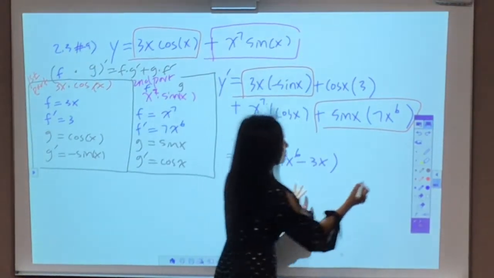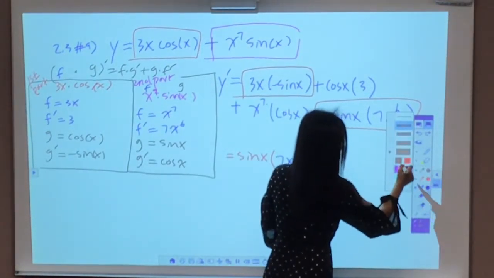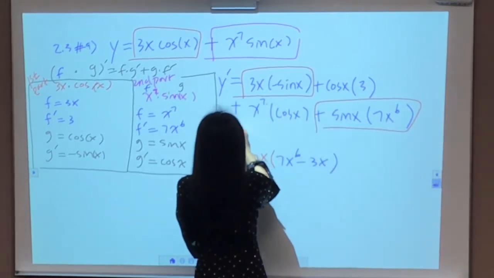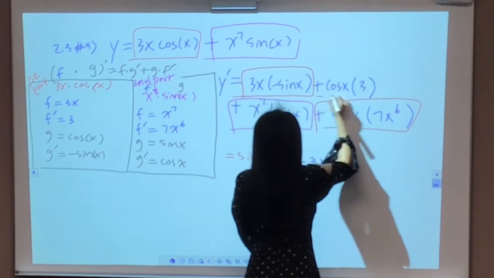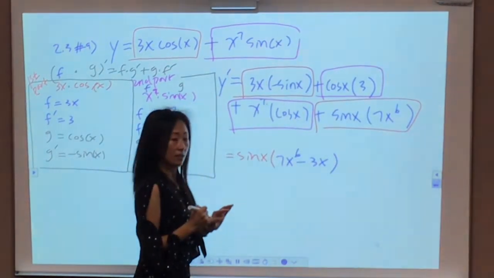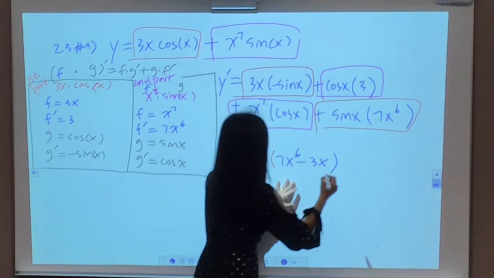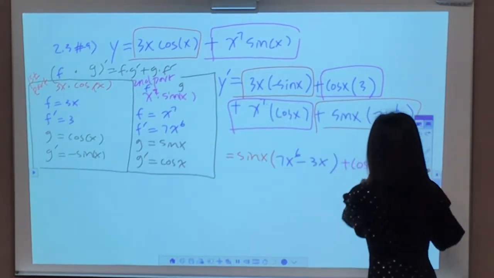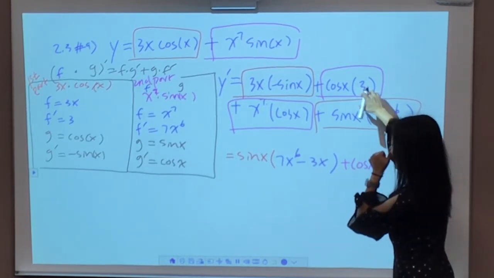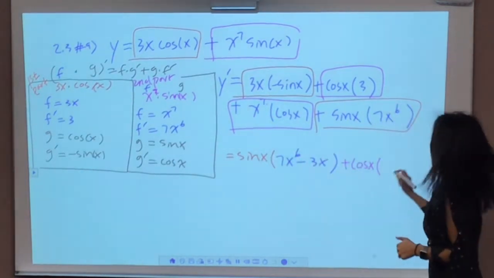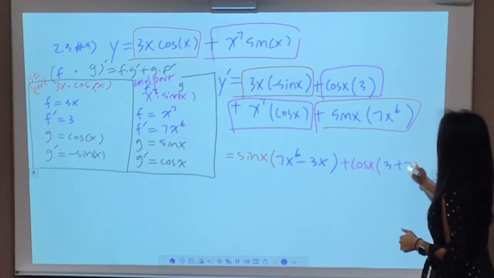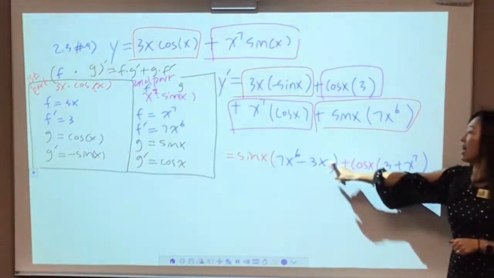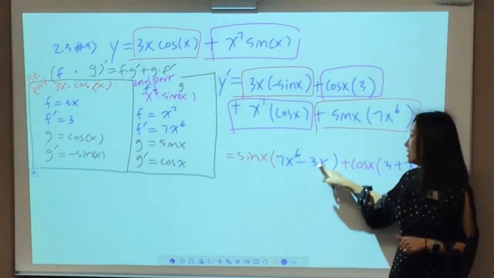All right, what other things can I also combine? Yeah, I definitely see I can combine this with that. Right? So I will bring out the cosine in the front. Then what are you left with? 3, left with the 3 and then what? X to the 7. So I was thinking this is probably what they want. They may even simplify one more step because I see x and x to the 6.